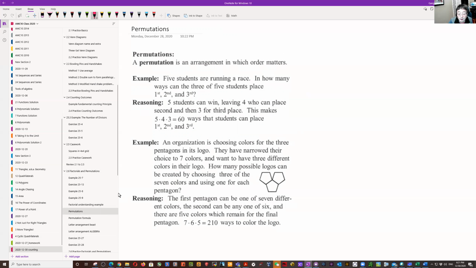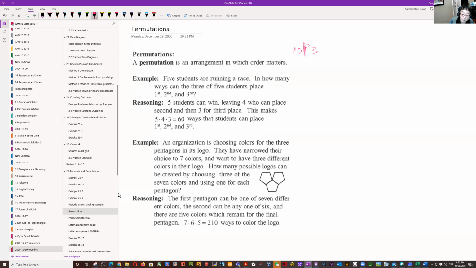But for a permutation, I can do, for example, 10P3. You can read it as 10 permute 3, or 10P3. Either way, people who know math will know what you mean.